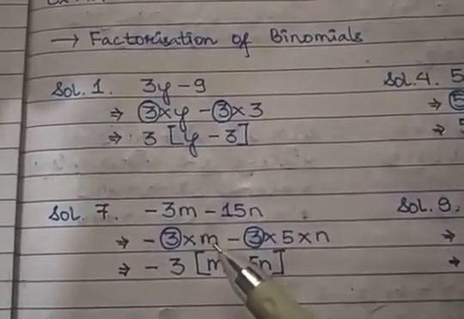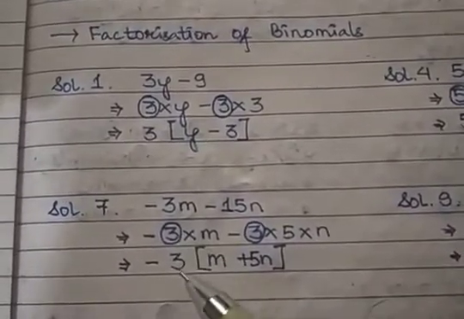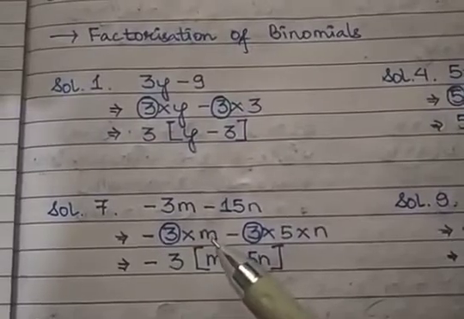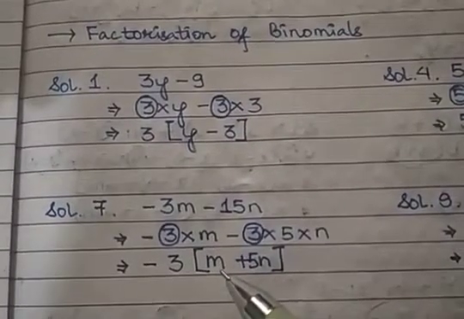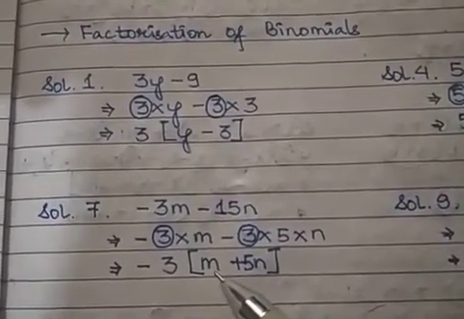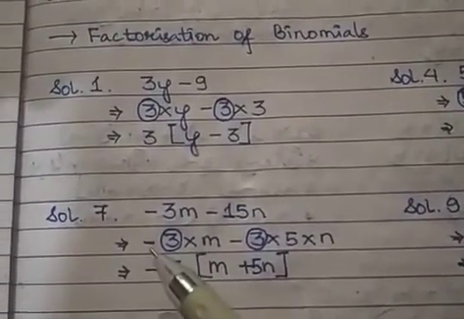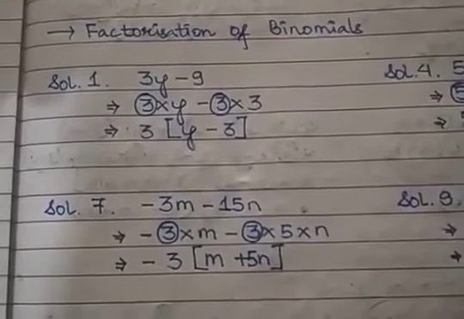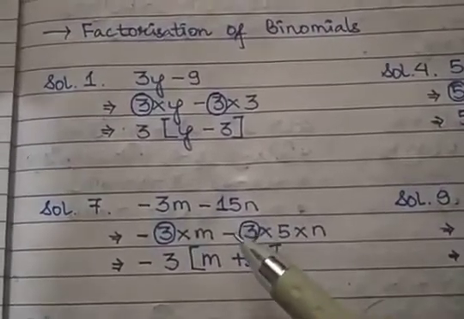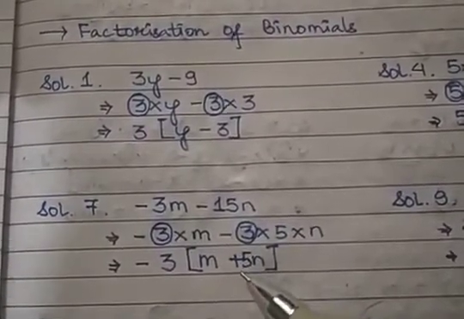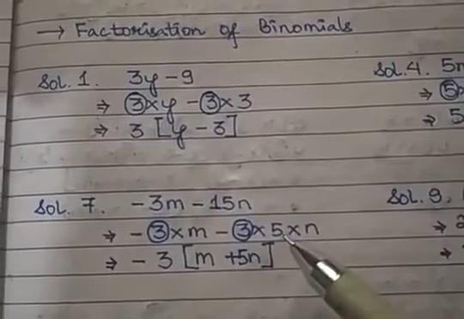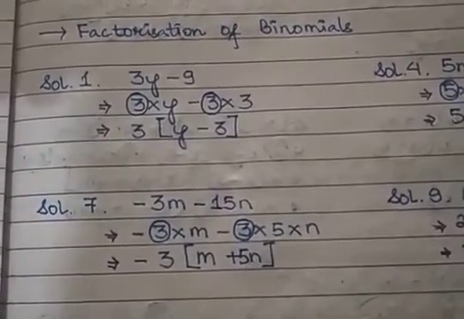Like for example, in this one, when I have taken minus 3 as common, this m now went inside the bracket. So what is the sign of m now? It's a positive m, isn't it? Outside the bracket it was negative, inside it became positive. Similarly, this minus sign will turn to positive inside the bracket, and what's left from the second term? 5 and n, so 5n in here.